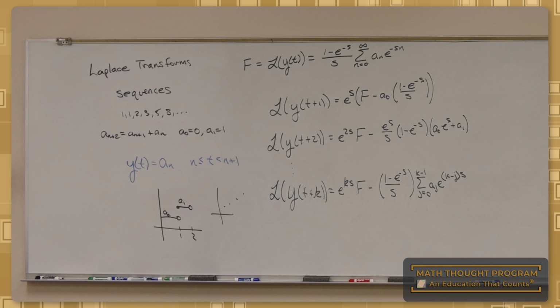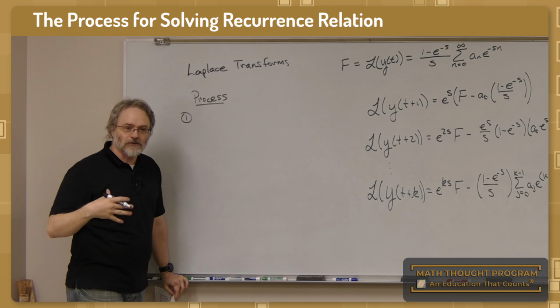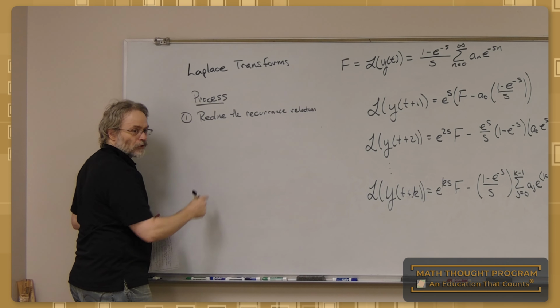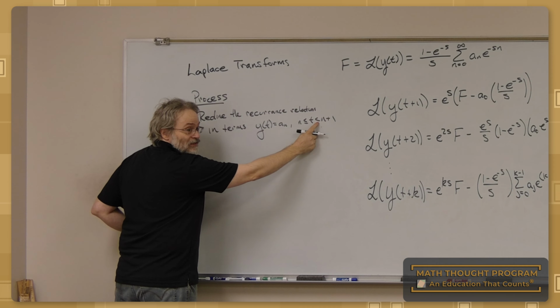So here's the process. First thing is, you want to take your recursive relationship and redefine it. Redefine the recurrence relation in terms of these step functions. And do note the bounds. That's less than or equal to, and that's going to be less than.